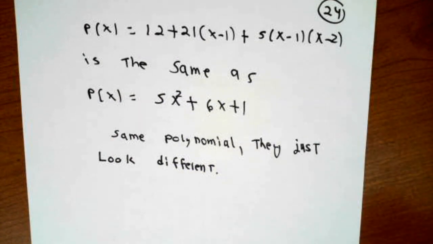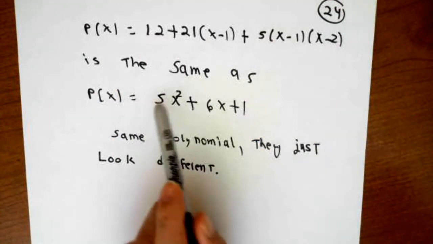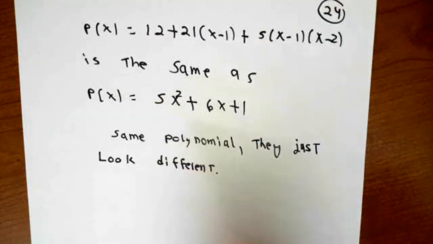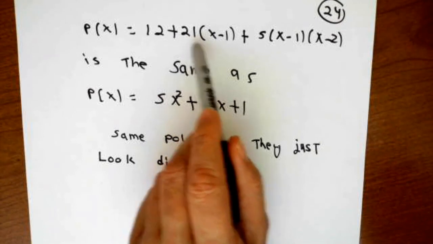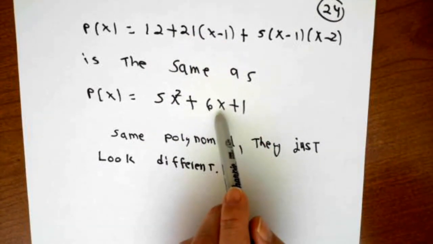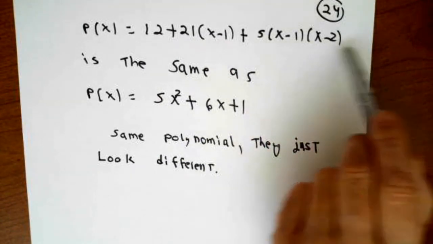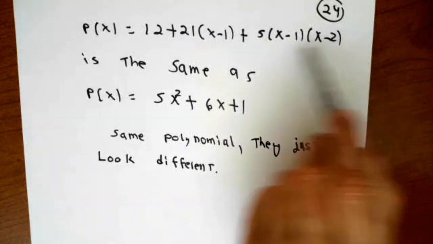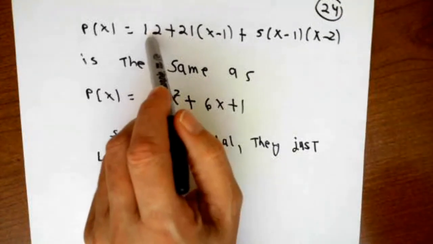Notice that the highest degree term has a coefficient of 5, and we have a 5 here, but the other coefficients don't have to match up. This is 21 times x minus 1, and this is 6x. The reason they're not the same is that you're going to get some first degree terms contributing out of the last one here. Also, the constant term here is 12.